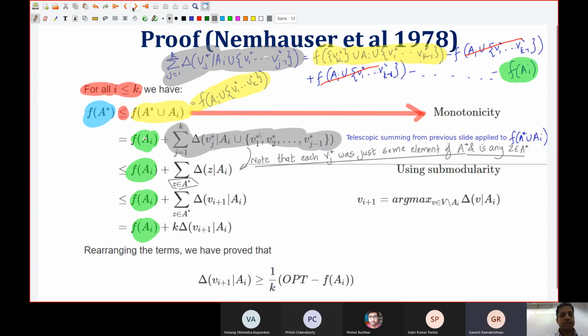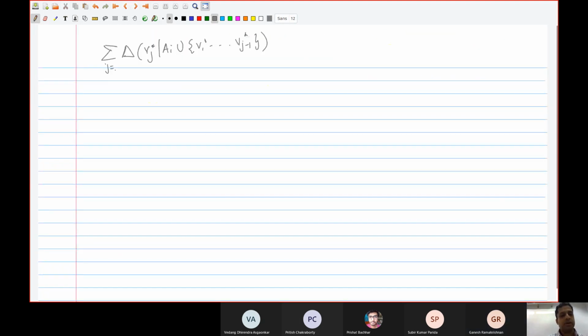This was for j equals 1 to k. And you're saying that A star itself was just v_1 star to v_k star. Now this v star could be abstracted into z. So we'll do that abstraction.